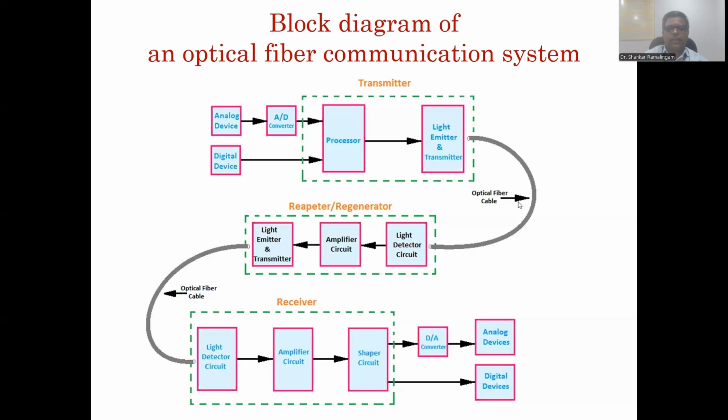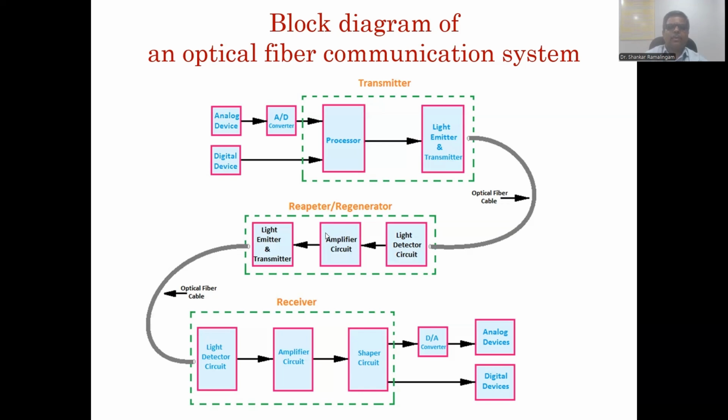Based on the length of optical fiber cable between our transmitter and receiver, there may be a requirement of a repeater and regenerative part in the optical fiber communication system. In the repeater or regenerative part, our signal from the optical fiber cable, which after traveling a long distance will have a reduced strength, will be amplified by this setup. Here we are using our light detector circuit, which detects the light present in the optical fiber cable, and it is given as an input to the amplifier circuit.